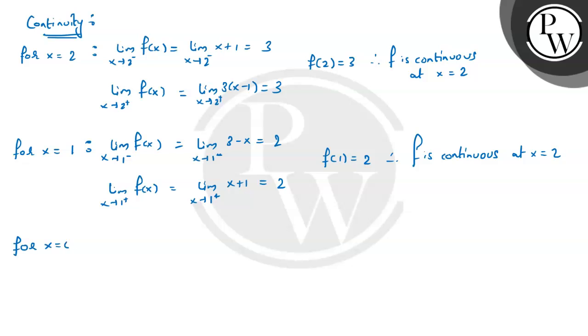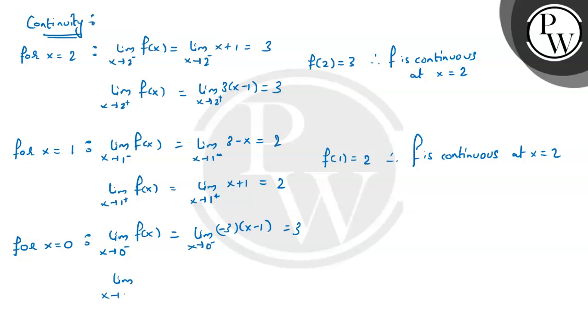Lastly, for x equals 0, we have the limit as x tends to 0 minus of f(x). To the left of 0, the function is defined as minus 3 times x minus 1, so the limit as x tends to 0 minus of minus 3x minus 1 gives the value 3.